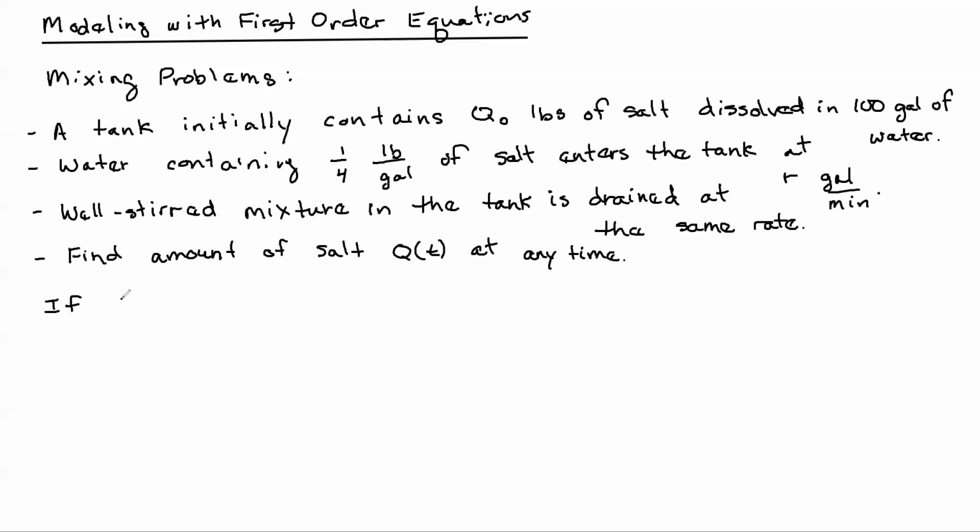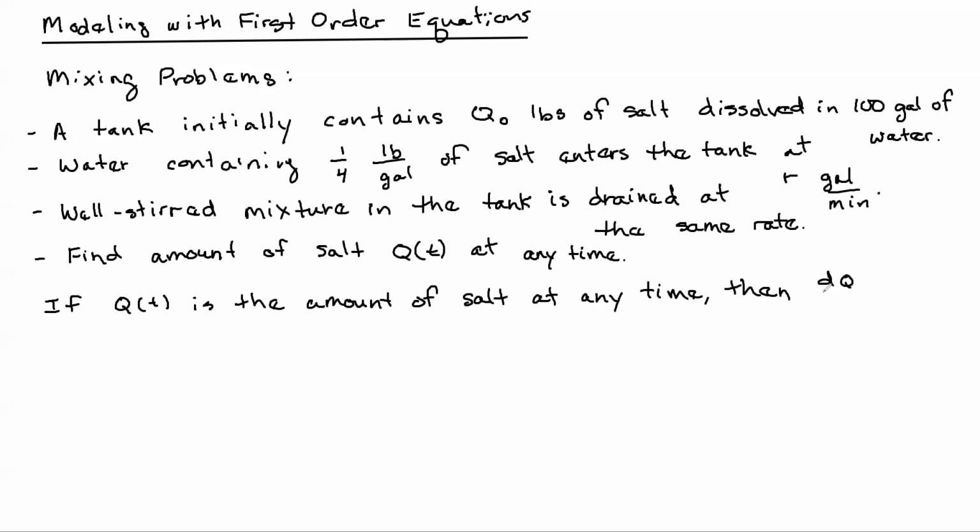So if Q of t is the amount of salt at any time, then dQ/dt would be the rate of change of the salt.